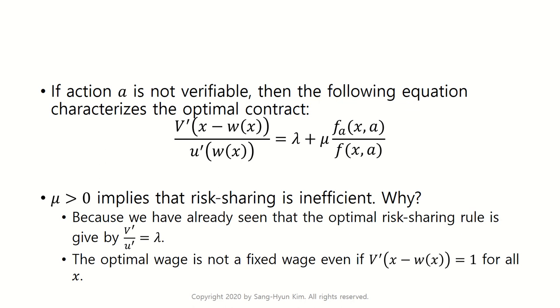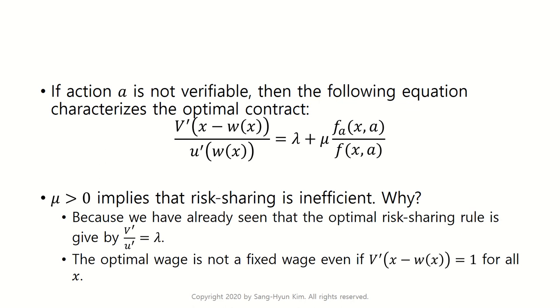We just derived the same conclusion that we derived in example 2. Still we see the trade-off between insurance and incentive. We see that risk sharing is not optimal because of this asymmetric information problem, because the IC constraint is binding.